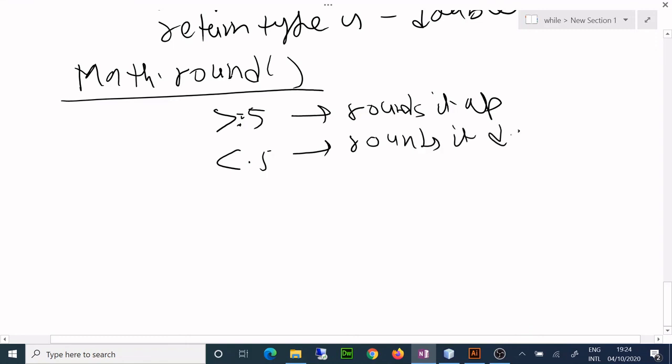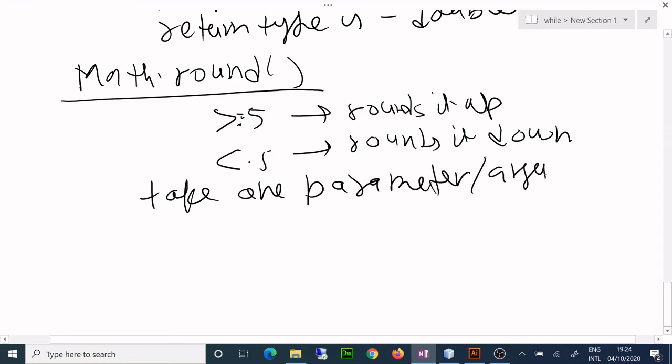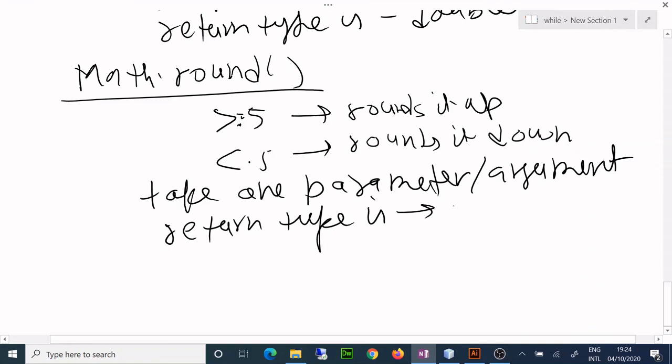It takes one parameter or argument, and its return type is integer. Keep in mind that it will not be returning you the double value. Another point is that math.round does what you actually do in maths.